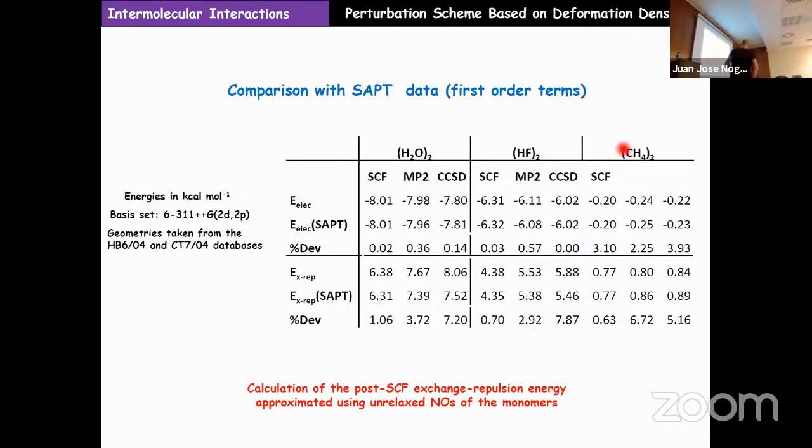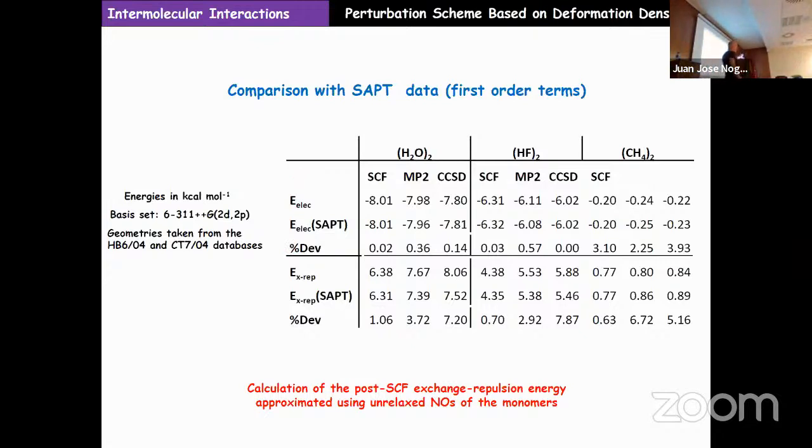These are hydrogen-bonded systems, with large electrostatic energy and a small dispersion contribution, and this is completely the opposite: a highly dispersive complex here. The methane complex is stable because of dispersion energy. It's a low-polarity system.